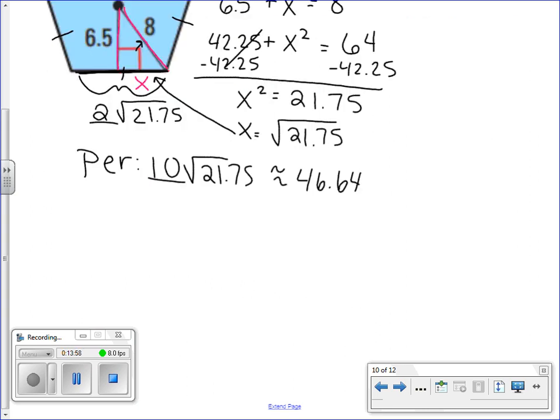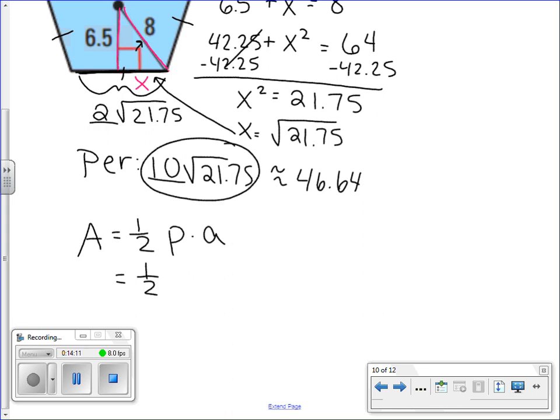The next thing I need to do is find my area. So remember that the area is equal to 1/2 the perimeter times the apothem. So 1/2 the perimeter. I'm actually going to use this number since that's more exact than 46.64. So I have 10 times the square root of 21.75.